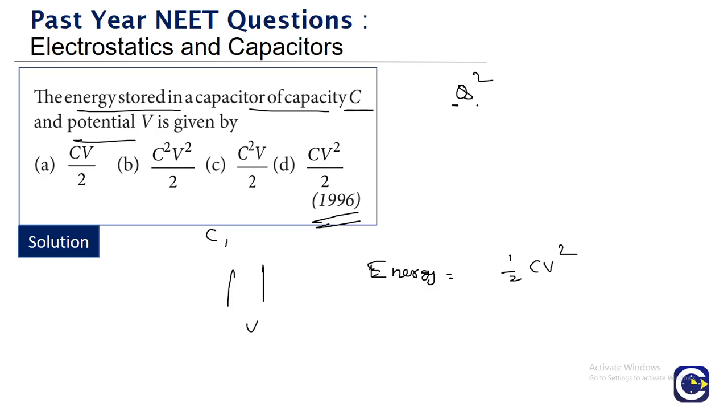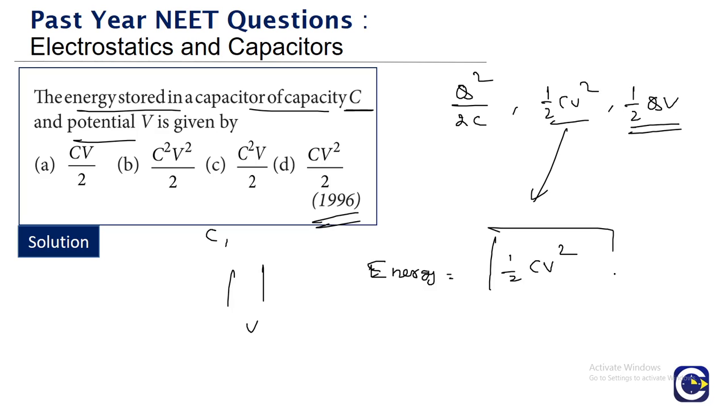Energy will be Q square by 2C. This is the formula in terms of charge and capacitance. Then we have this particular formula, that's what we are using now. This is in terms of the capacitance and voltage. Then we have one more formula, that is in terms of the charge and voltage, half Q into V. So in this case we are using this half CV square, which is option D, CV square by 2.